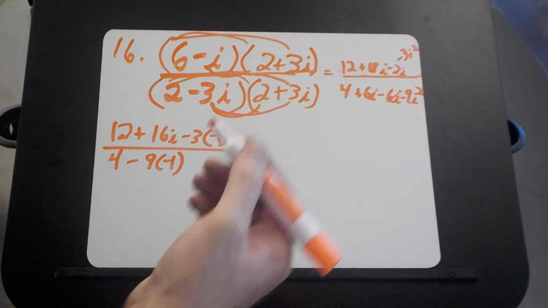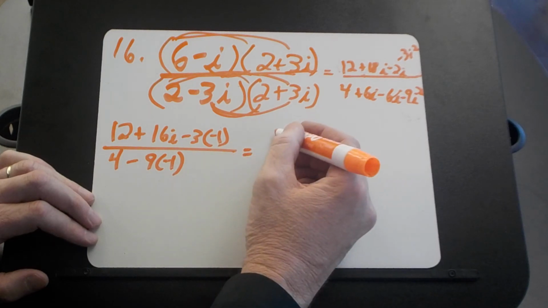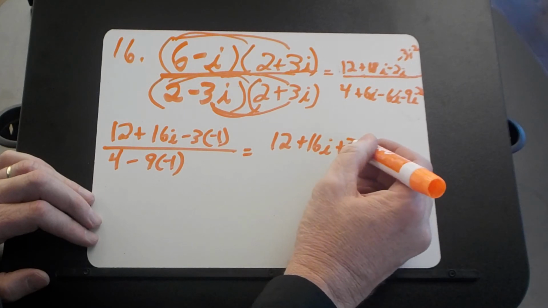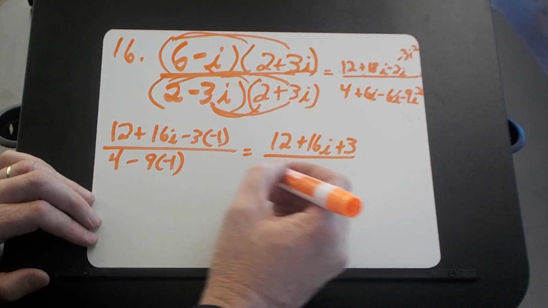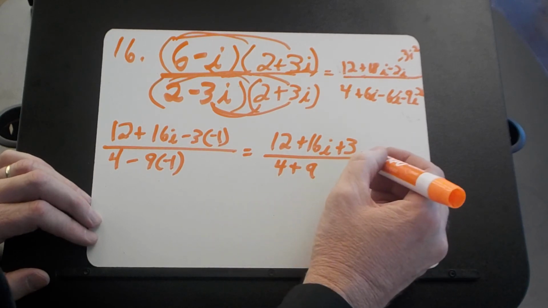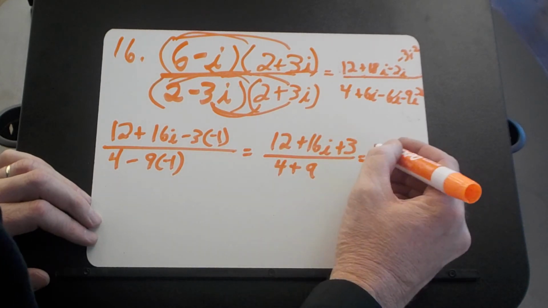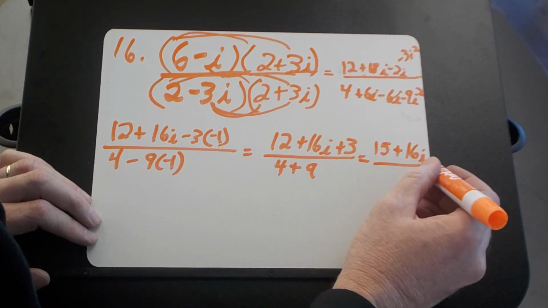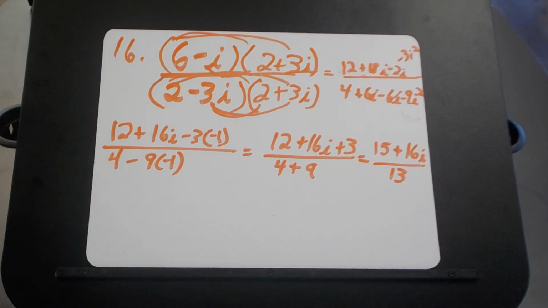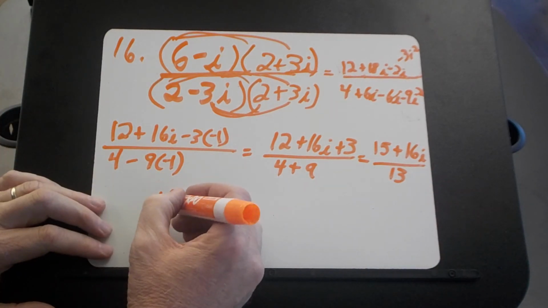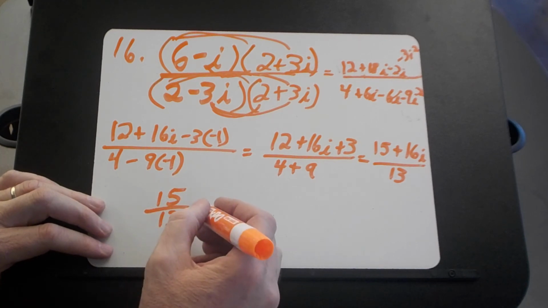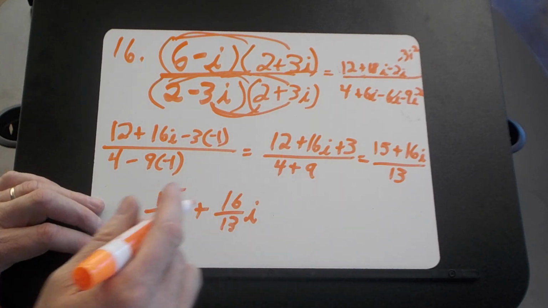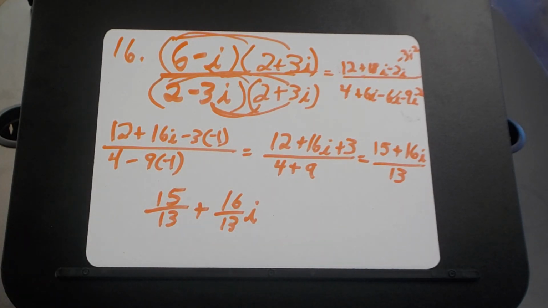Taking the i squareds out, putting negative 1 in their places, so I have 12 plus 16i plus 3 over 4 plus 9. 12 and 3 go together, that's 15 plus 16i. 4 plus 9 is 13. My final answer, I'm going to write in two separate fractions. 15/13 for the real part plus 16/13i, 16/13 for the imaginary part. Well, there you go.